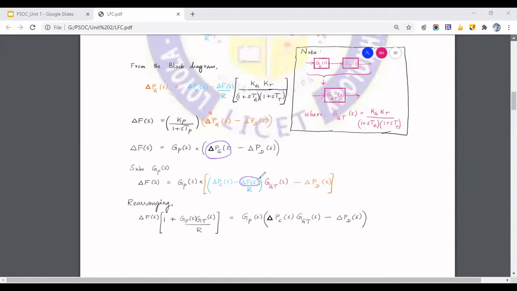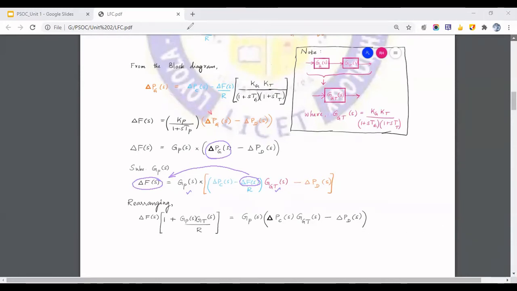Here we have delta F of S, and here again we have delta F of S. So let's rearrange. I bring this term having delta F of S to the other side of the equal to sign. So when it comes to this side, it becomes plus, and it has GP of S and GT of S taken out to be common. After multiplying and all, we have this equation.